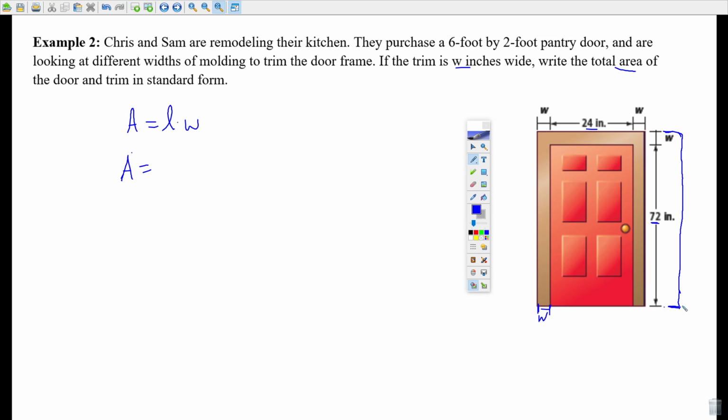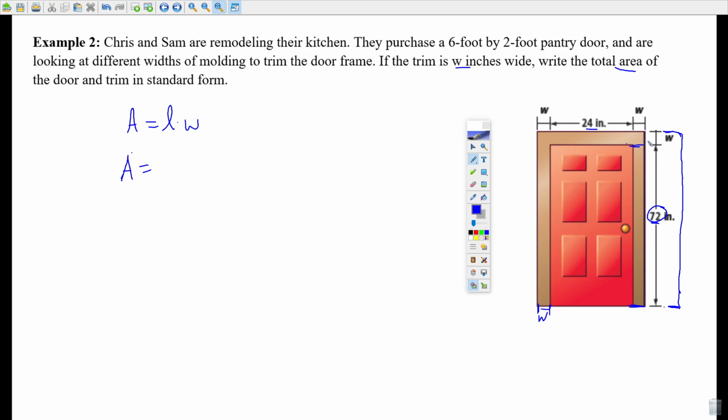This would be its length. How tall is it completely? Well, we know that from the floor, if we look at the floor of the door and the trim match up here, and then you measure up all the way to the top of the door here is 72 inches.